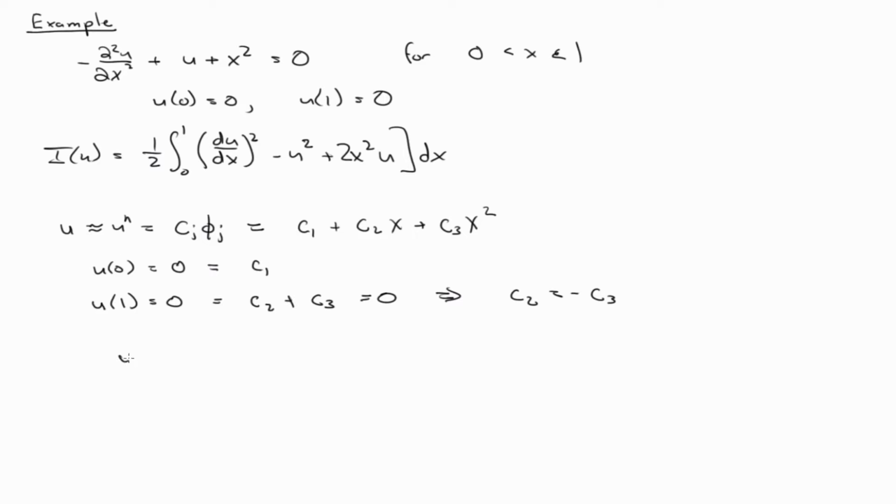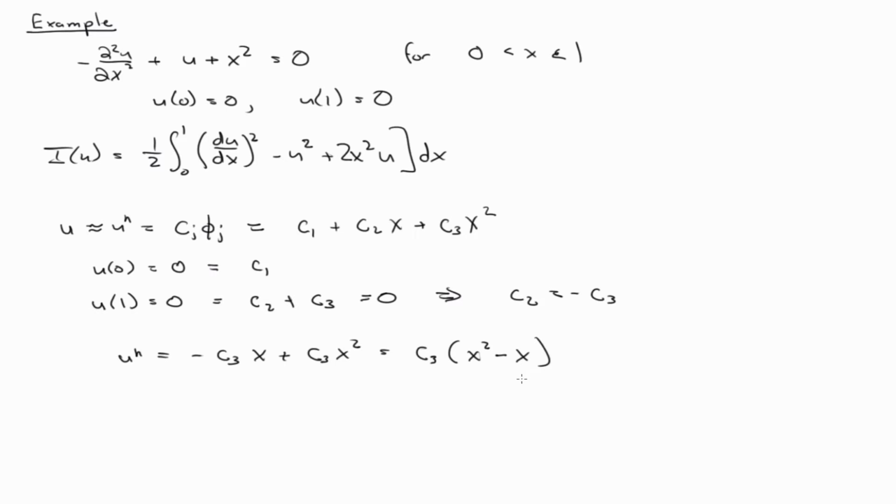So when I plug that back in, my U of H becomes minus C3x plus C3x squared, or if I factor it, then I have this guy.